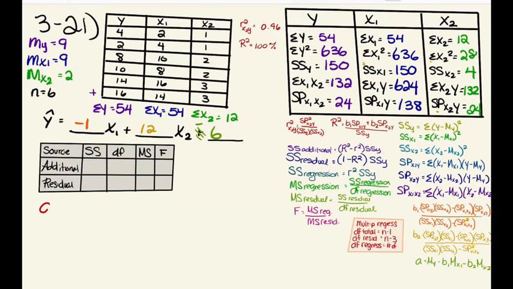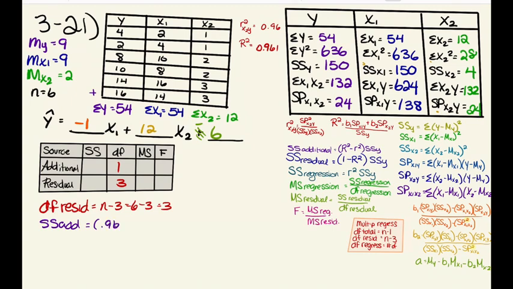Next, we are asked to evaluate the F ratio to determine whether adding the number of churches as a second variable in the multiple regression equation added a significant amount to the prediction. In the multiple regression equation, our degrees of freedom residual will be n minus 3 instead of n minus 2.